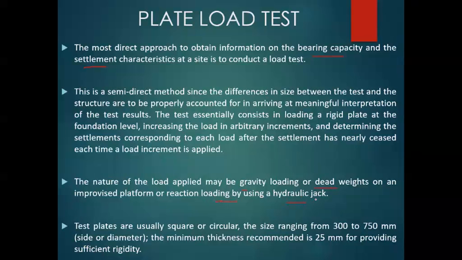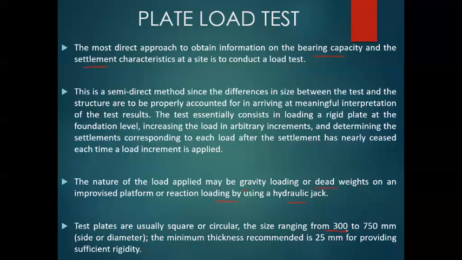Furthermore, we use rigid plates which are stacked one over the other as per the plate load test procedure. Plates of varying size from 300 to 750, either square or circular, are stacked one over the other.